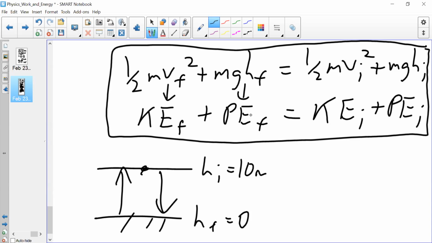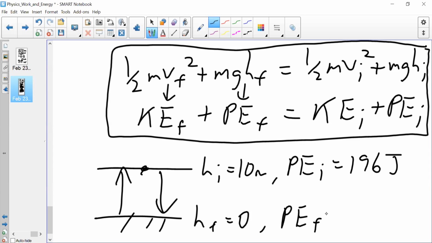We just saw that before when we calculated the potential energy at the top, which is 196 joules. We did that in the beginning, and then at the end it's equal to 0. So all of the potential energy that we had at the beginning is going to get converted exactly to kinetic energy because it's going to hit the ground with a speed.